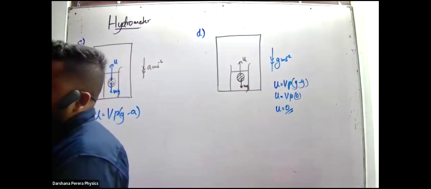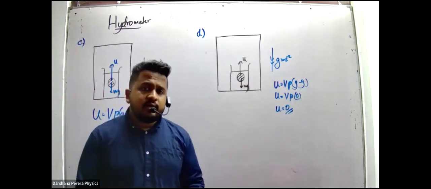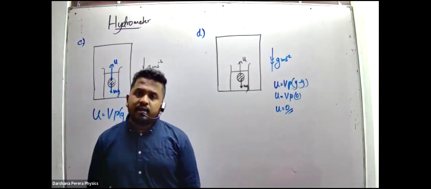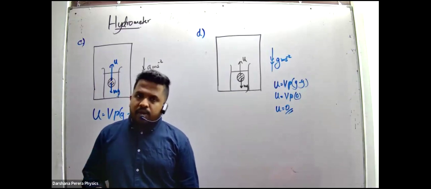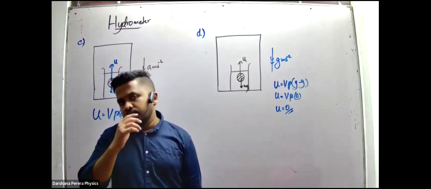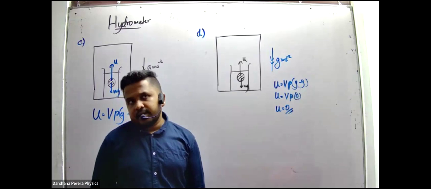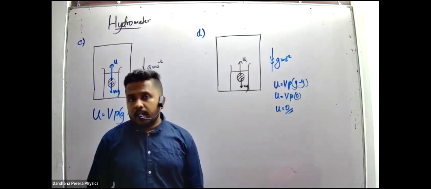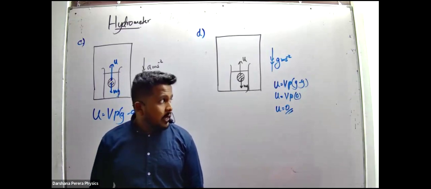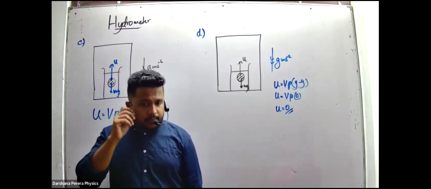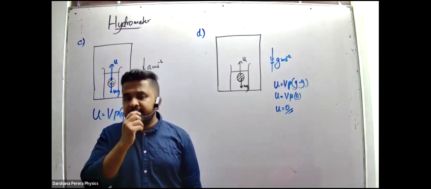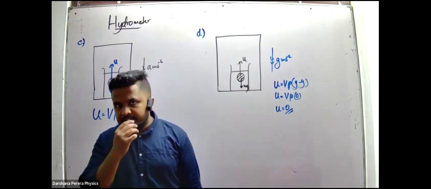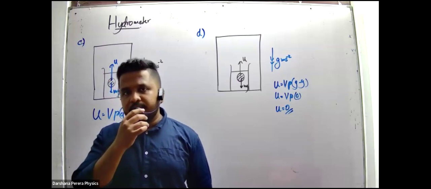That's why there is no pressure inside the liquid when it falls with gravitational acceleration. Pressure creates the upthrust. We know the Archimedes principle and the derivation of the Archimedes principle.